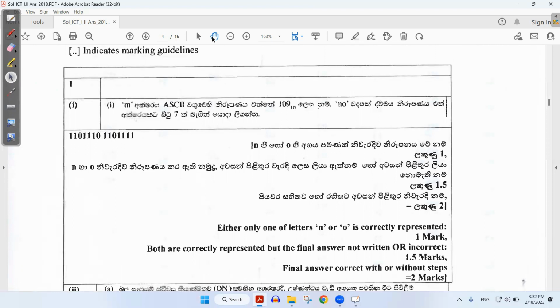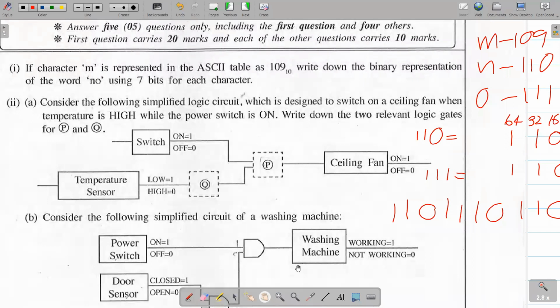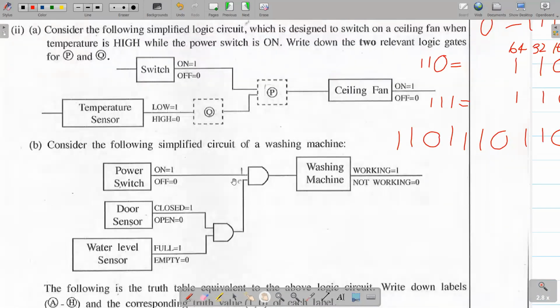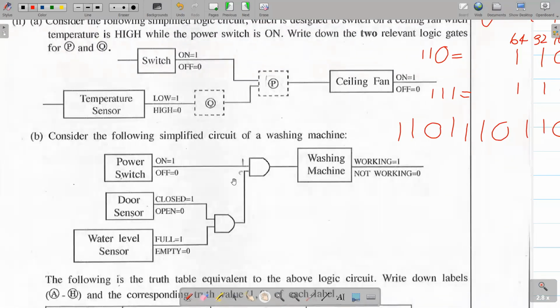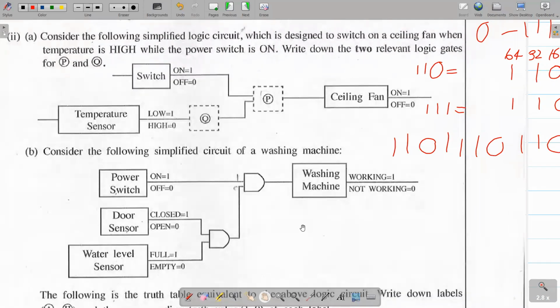Right, then what they are asking is regarding a circuit. It says, consider the following simplified logic circuit, which is designed to switch on a ceiling fan when the temperature is high while the power switch is on.